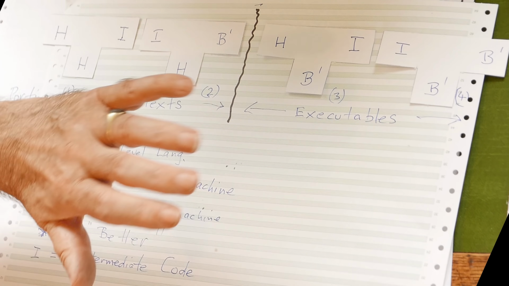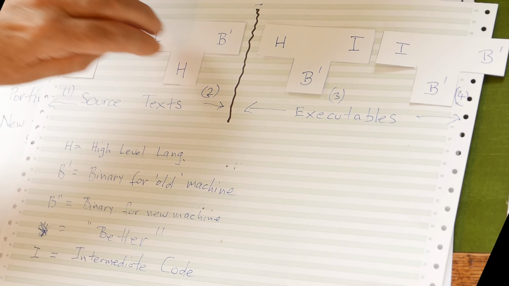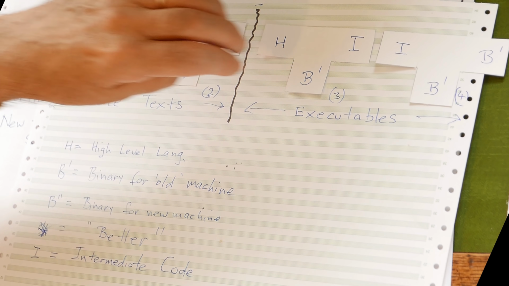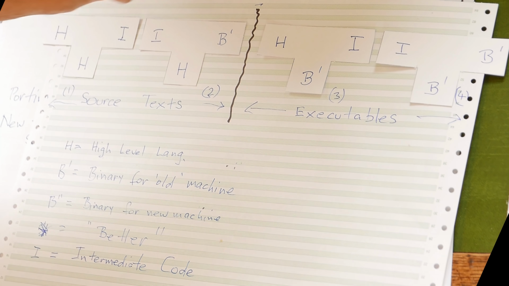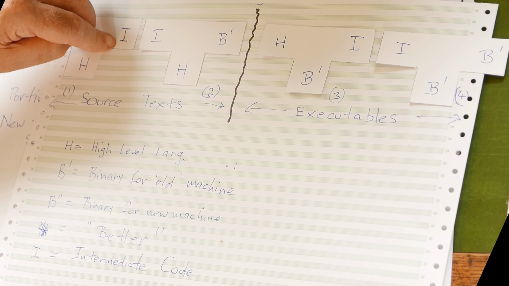In the last video we used this as our home base, if you like, our master referral point for everything that we were trying to do. We had source codes for two vital pieces and then compiled versions of them over here. What we're going to find with this one is, yes, we'll still be having an H compiler written in H producing intermediate code.